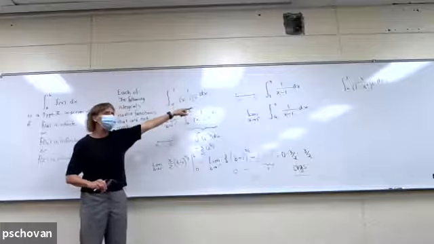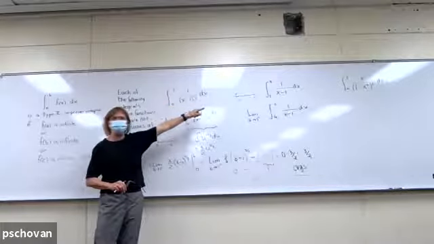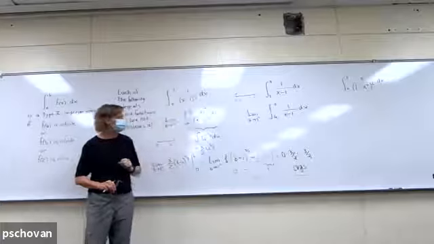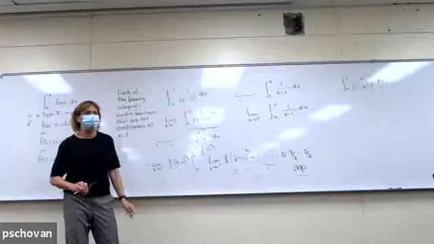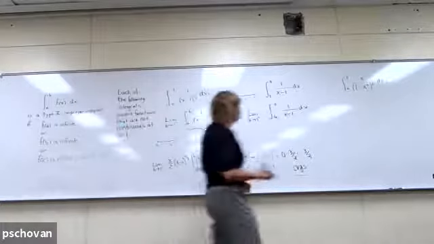Bet you $1 that's a divergent improper integral. Because what's the integral of 1 over x minus 1? It's the natural log of the absolute value of x minus 1.